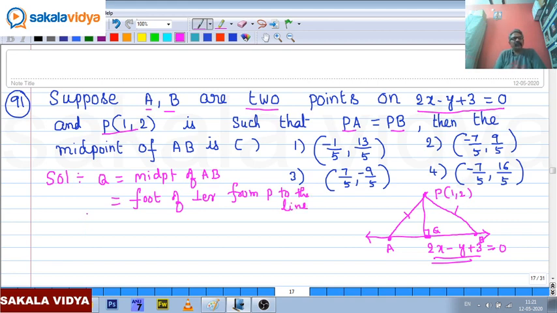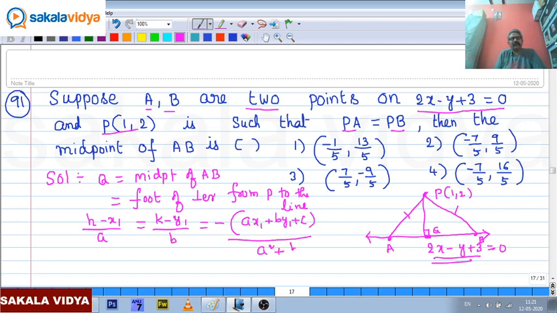So we have the formula (h minus x1) by a equals (k minus y1) by b equals minus of (a x1 plus b y1 plus c) by (a square plus b square).